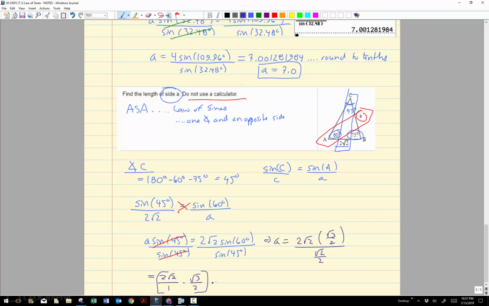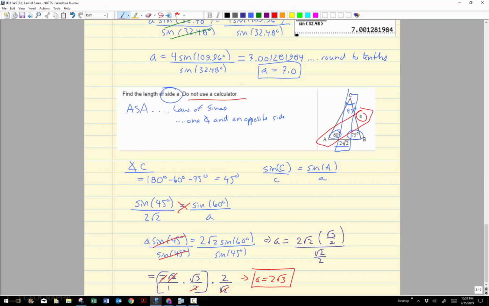Now I'm going to divide by the fraction root 2 over 2, which means to multiply by the reciprocal. So this is times 2 over root 2. So let's see what will cancel here. It looks like the 2's could cancel. Root 2's will cancel top to bottom, and I will be left with 2 root 3. So in this case, I get A equals 2 square roots of 3.